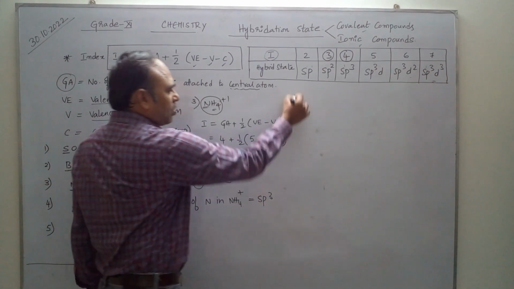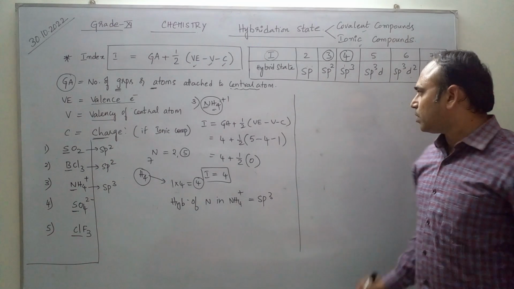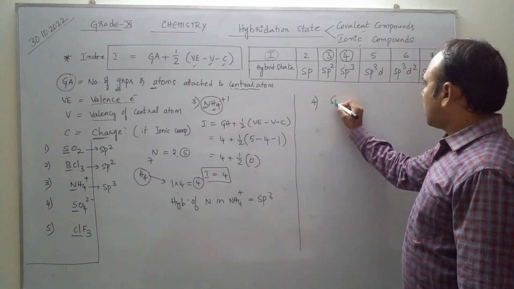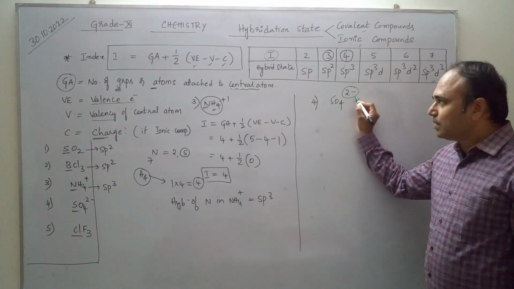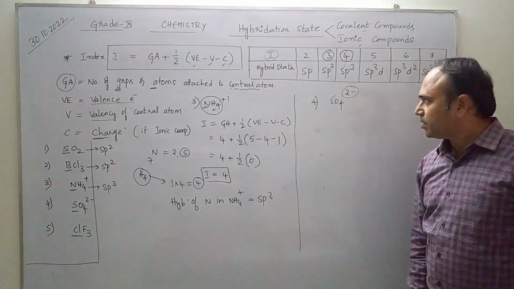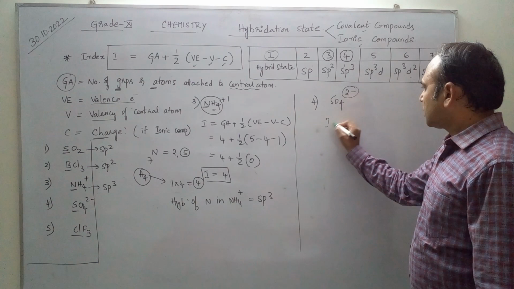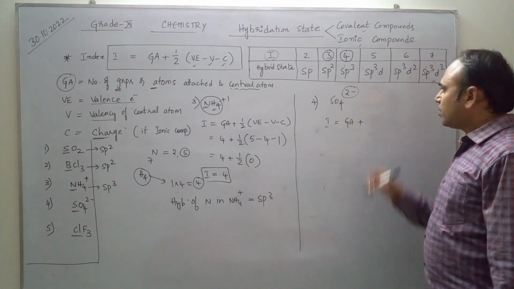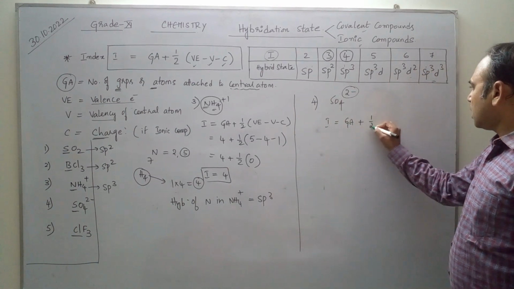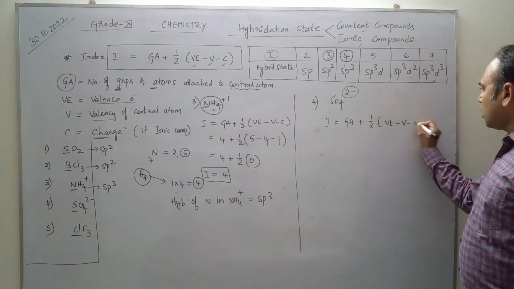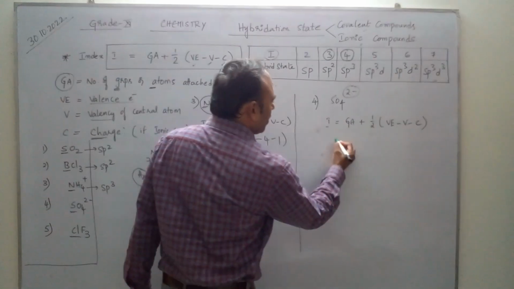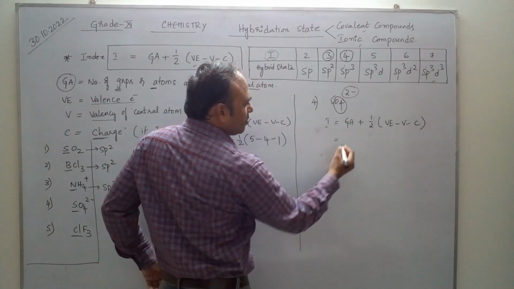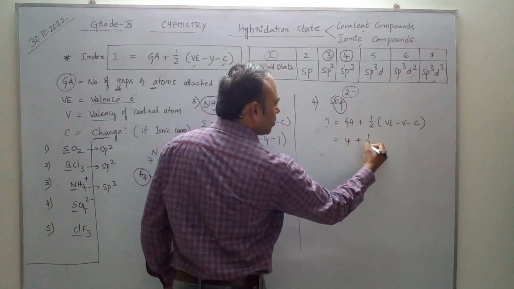Next, sulfate ion. What is the formula for sulfate? SO4 2 minus. Now the important thing, the charge is minus here. Earlier it was plus, so the method was easy. Now formula, number of groups or atoms plus half into Ve minus V minus C. Now if you take groups or atoms, there are 4 oxygen atoms.